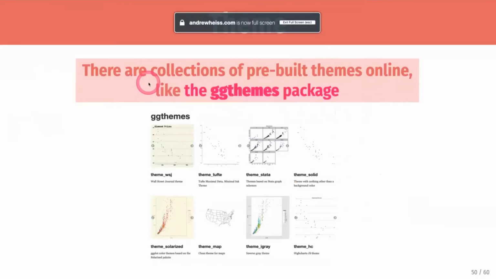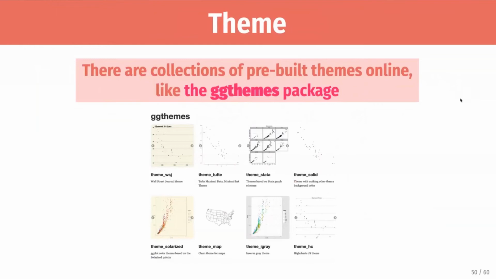Okay. There are all sorts of cool themes online. And so there's a package called ggthemes, for instance. If you want to make your graphs look like they came from the Wall Street Journal, you can. If you want to make it look like you did stuff in Stata, there are Stata themes. There's even like Excel themes if you want to make people think that you did this stuff in Excel.